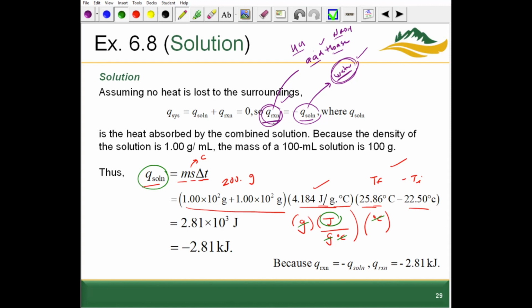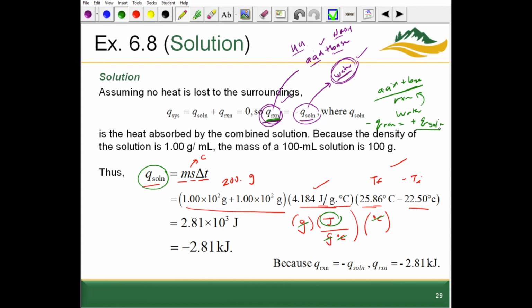Now, we couldn't just solve for Q of the reaction right away because we don't truly know the specific heat of the acid plus the base that make up our reaction. We can figure out a specific heat to use for the water, the solution that surrounds that reaction. So again, we're taking information about the solution to find out information about our reaction.